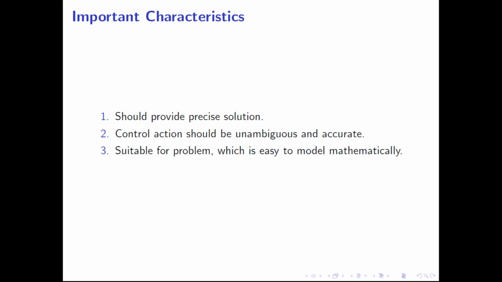So these are the characteristics of computing. It should provide a precise solution, its control action should be unambiguous and accurate, and you should be able to mathematically model the problem so that you can perform the computation. If the problem cannot be modeled mathematically, then obviously it cannot be computed.